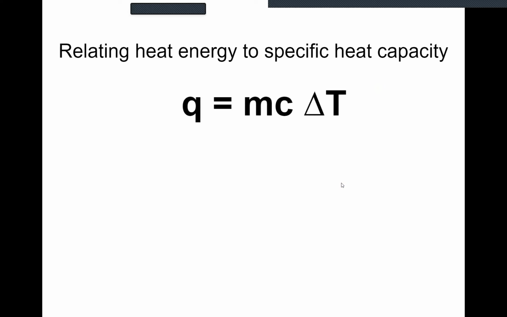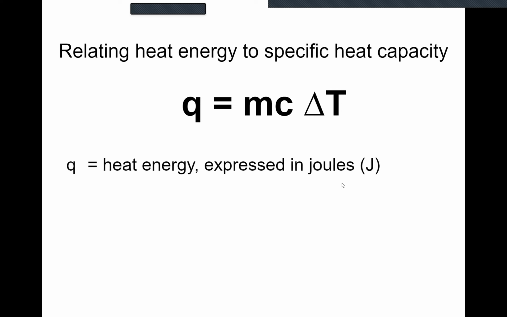Here's an equation. Q equals M times C times delta T. Now recall those abbreviations. Q stands for heat energy. As to why they use the letter Q, I'm not sure. It's just everybody seems to pick the letter Q for energy.